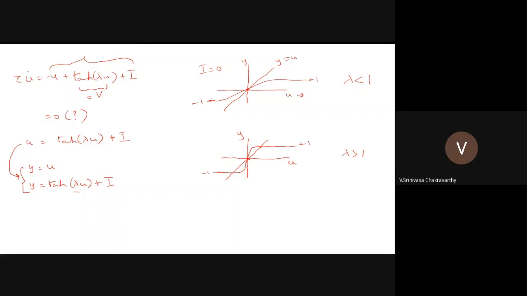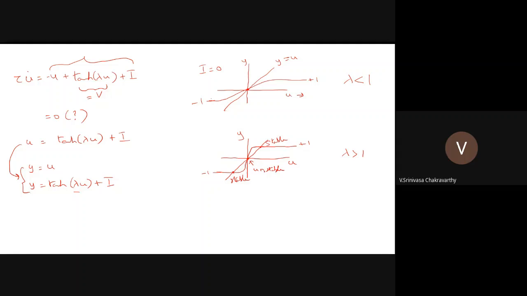This is similar to the three fixed point case that we saw in the FitzHugh-Nagumo model. There we found that the two points on the flanks are stable. Here also you can show this is a stable point, and this is also stable, by looking at the second derivative of this expression. And this is unstable. It's not a saddle because a saddle needs two variables. There's only a single variable.